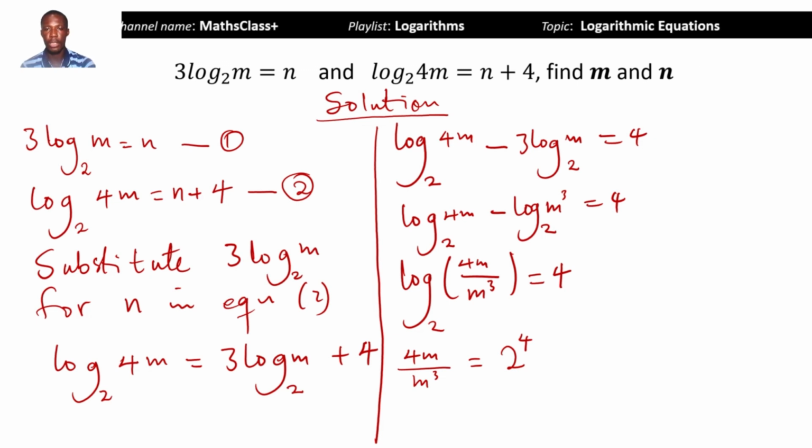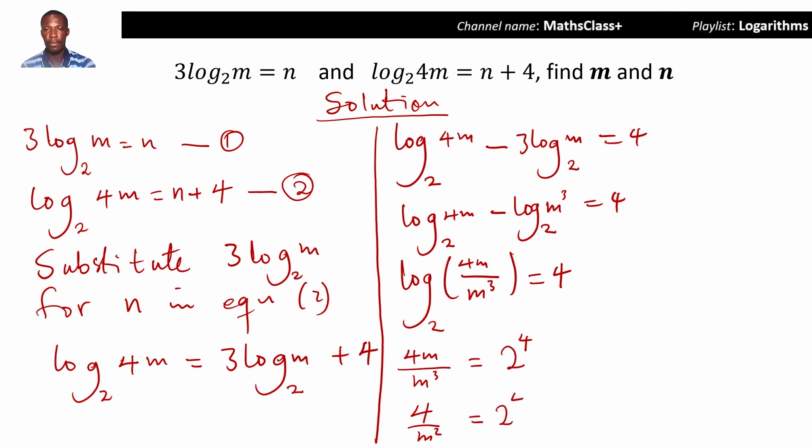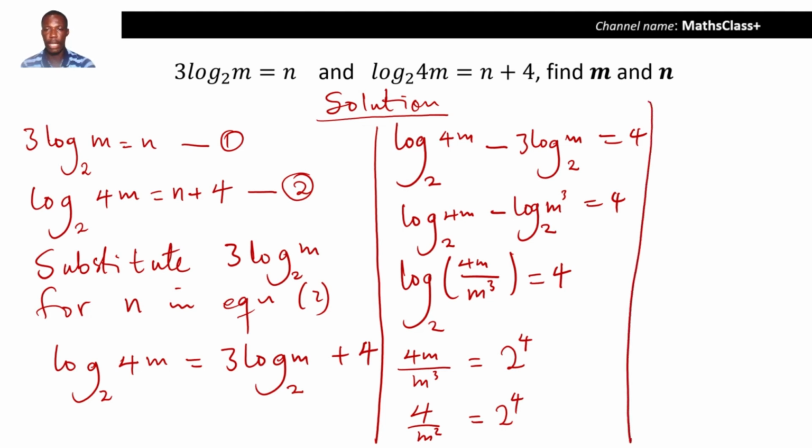Okay, so I can do some cancellations, which will give me 4 on m squared is equal to 2 to the power 4. Okay, so that's what I have.